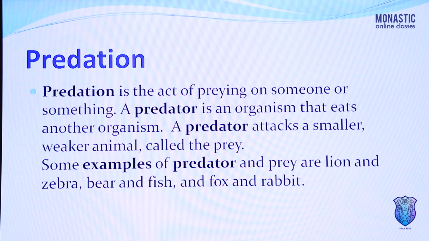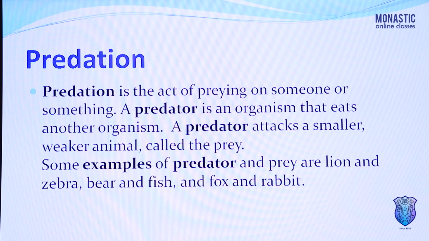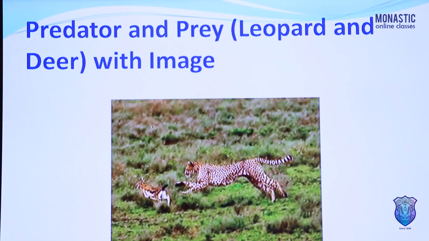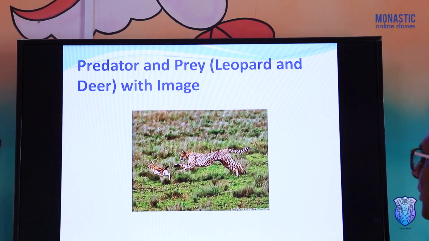So lions are predators which feed upon zebra and deer. Another example is bear and fish. As you know, bears feed upon fish from the water bodies. Fox and rabbit are also examples. Another example of predator and prey is leopard and deer.